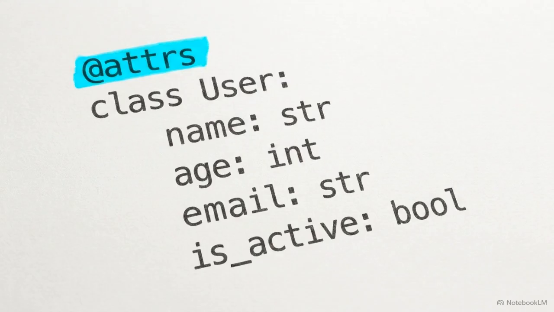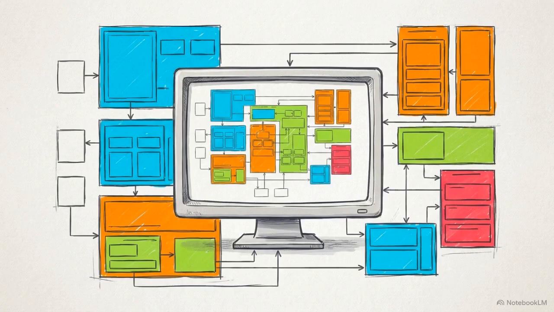To eliminate the repetitive boilerplate of init methods, the attrs library automatically generates attribute definitions and human-readable object representations. Using these decorators shifts the focus from manual object setup to a more organized architecture, keeping the codebase concise and easier to maintain.